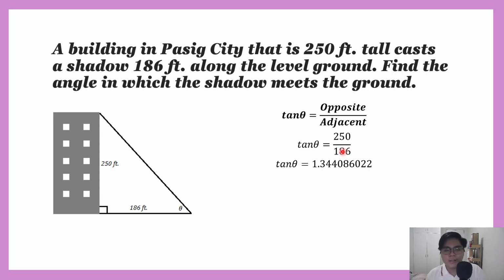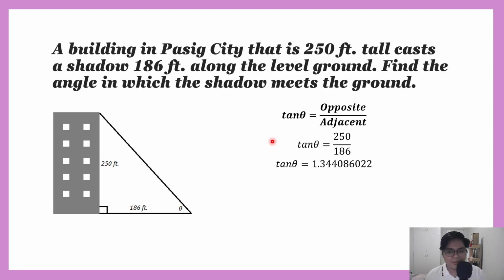The question is, is this number the final answer? The answer is no. It is a common misconception among students that this is the final answer for this problem, which it is not. What we're going to do is to use the arctangent.